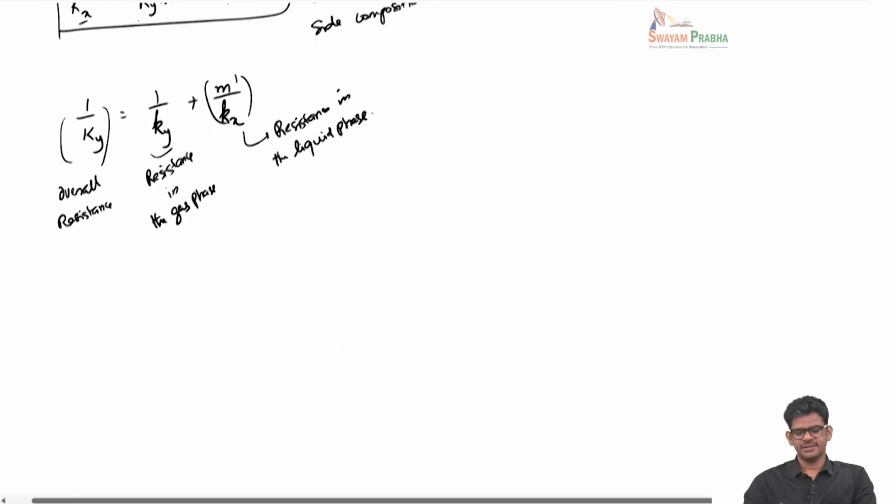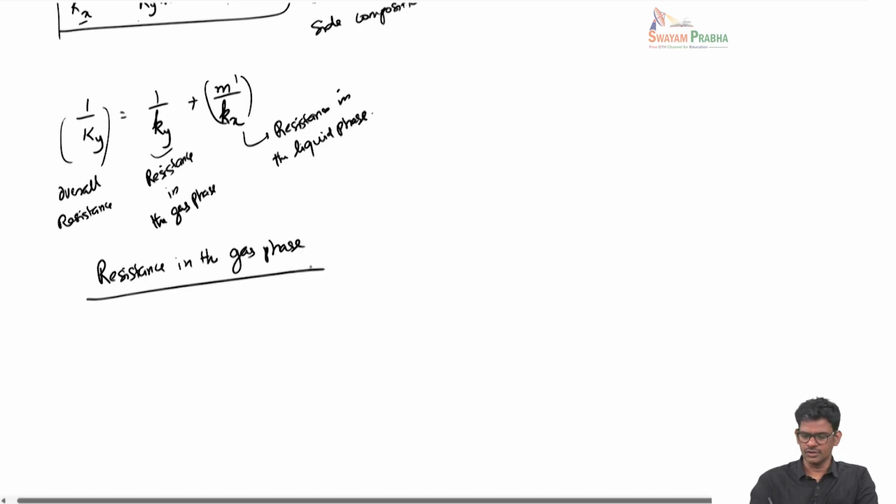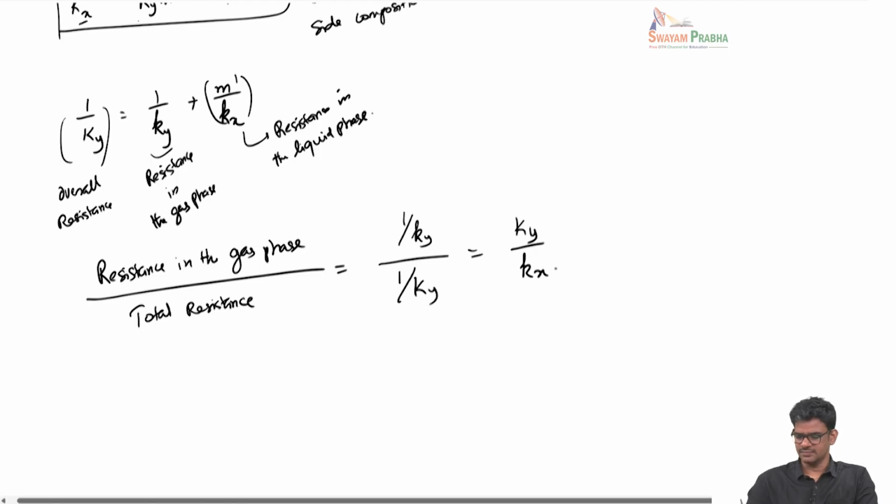So if you want to analyze what fraction of resistance lies in gas phase or in the liquid phase, you can say resistance in the gas phase over the total resistance is equal to 1 by small ky divided by 1 by capital Ky, which basically becomes this.